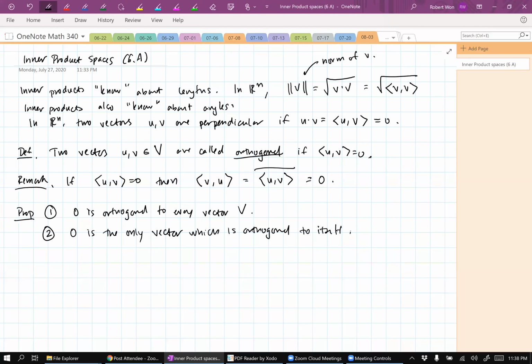Both of these results are almost one-liners. In particular, one, we actually already proved last time. I'll include a reference in the notes, of course. We proved that for every vector u, the inner product of 0 and u equals 0. So this is just restating that result. 0 is orthogonal to everything.